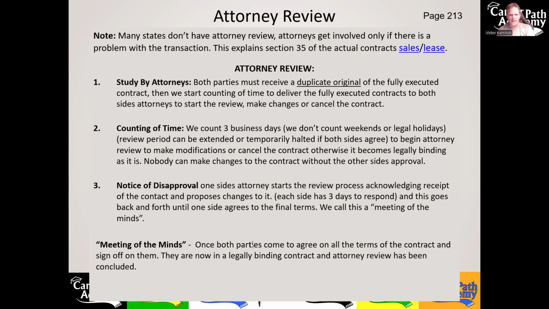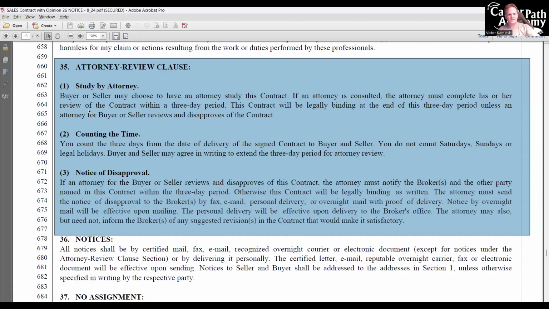If we were to read what it actually says in the contract, under study by attorney, it says buyer and seller may choose to have an attorney study this contract. If an attorney is consulted, the attorney must complete their review on the contract within a 3-day period. This contract will be legally binding at the end of this 3-day period, unless an attorney for the buyer or seller reviews and disapproves the contract, and then they send their own suggested changes.